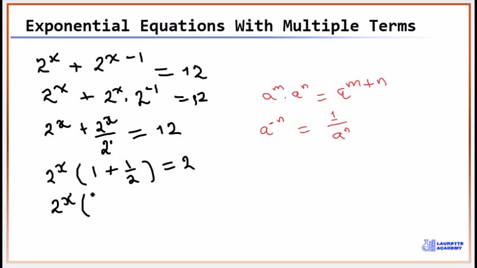So this is 3 over 2, and it's equal to 12.